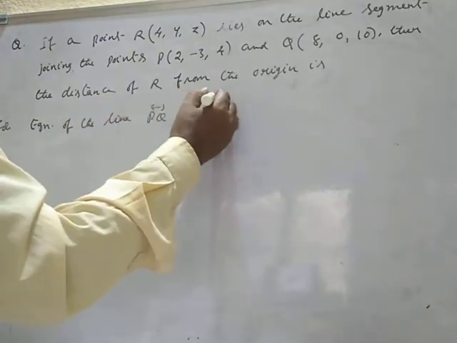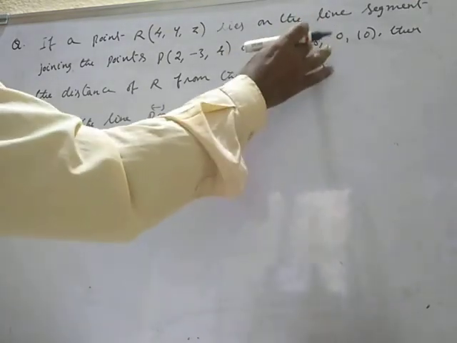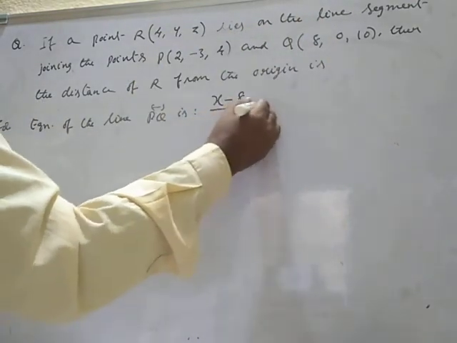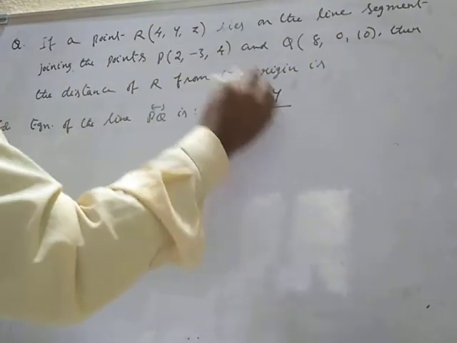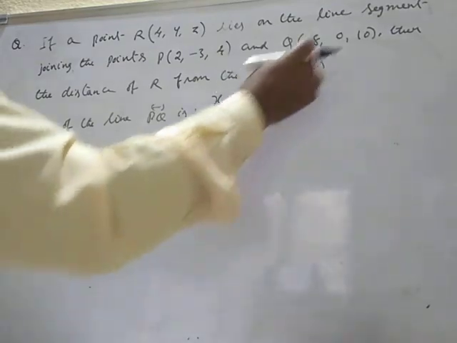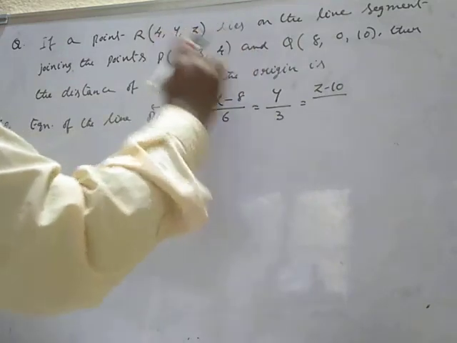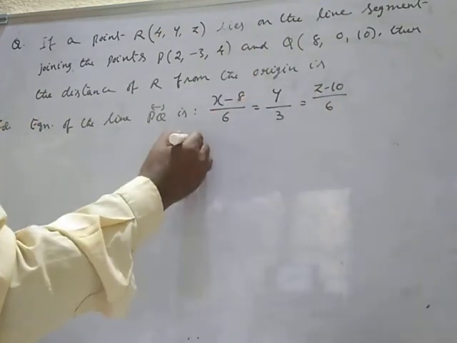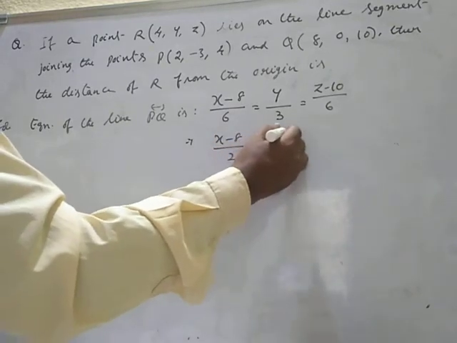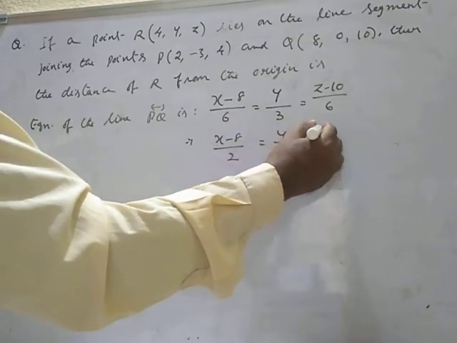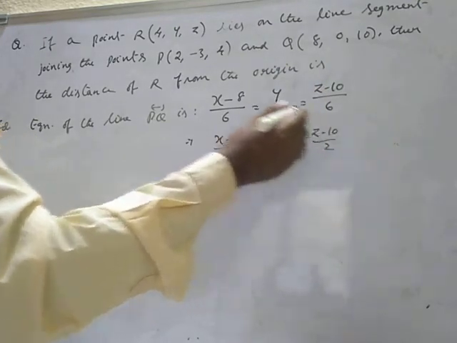In this way, (x minus 8) by (8 minus 2) is 6, y by (0 plus 3) is 3, and (z minus 10) by (10 minus 4) is 6. By simplifying, (x minus 8) by 2 is equal to y by 1 is equal to (z minus 10) by 2.